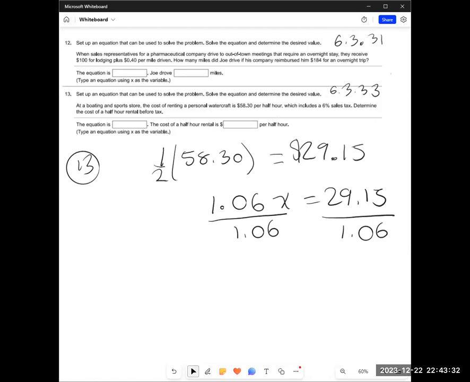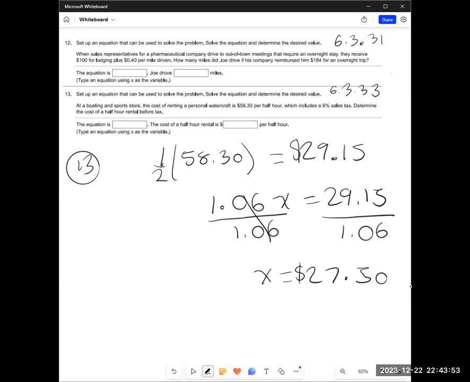And that will give me x is $27.50. Now there's another way that I could have solved that problem.